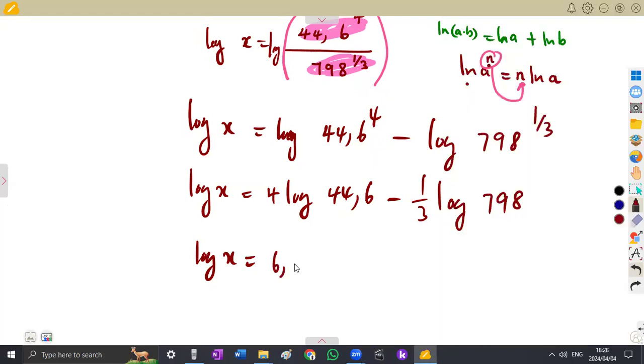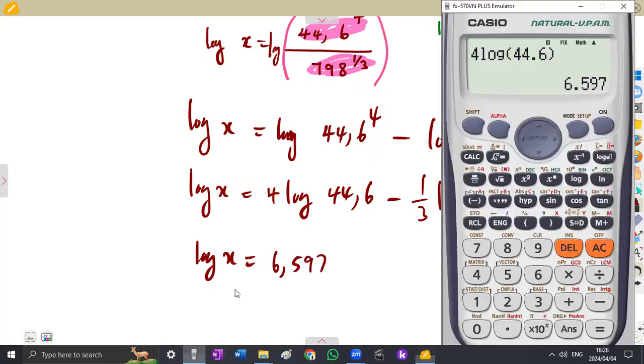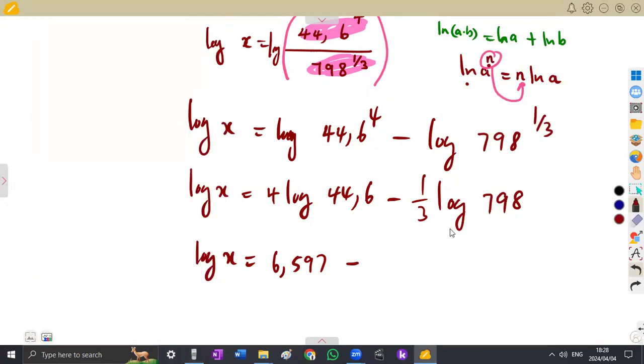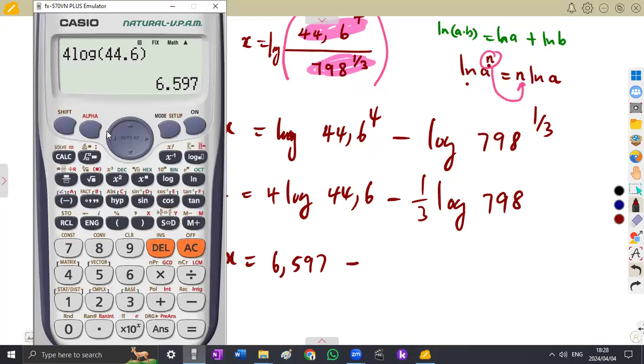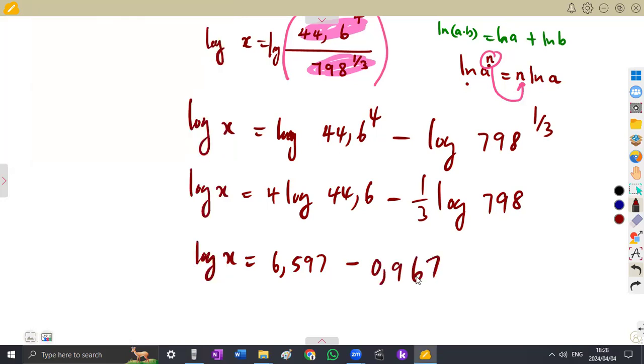6,597. Sorry for that, guys. 6,597. All right, then you're going to have minus a third, 1 over 3, of the logarithm of 798. So this is going to give us 0,967.